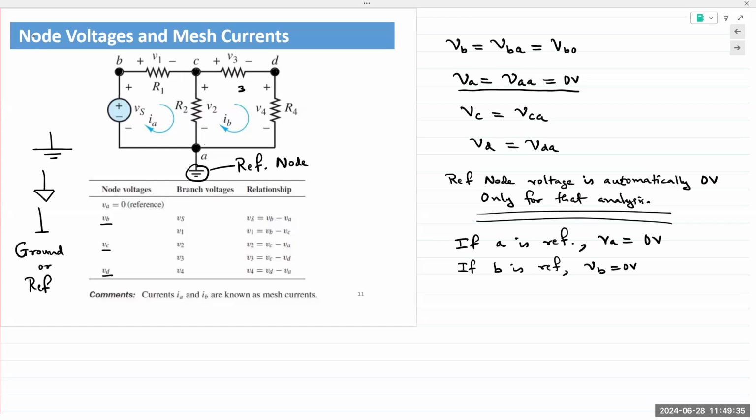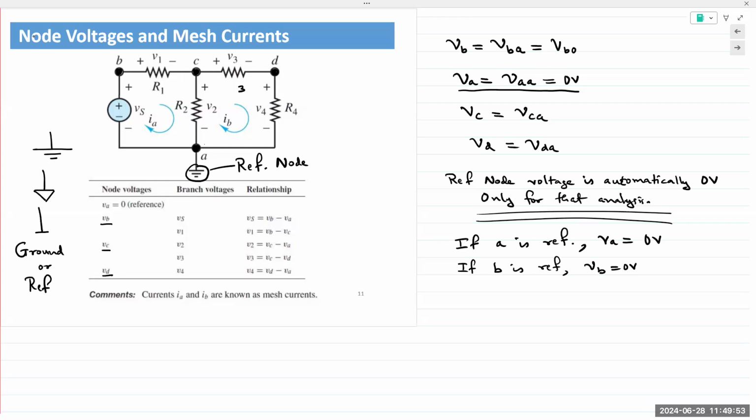So if I choose node A as my reference and I measure voltage at node A, both terminals of my meter are exactly at the same point, node A, which means there is no difference in electric potential between those 2 points. Answer would be 0 volts.